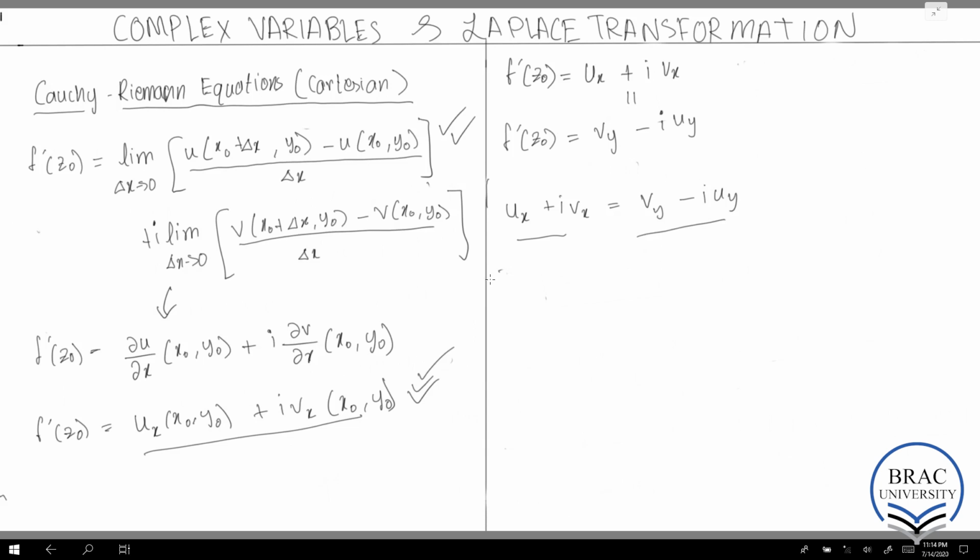The first equation, for the real part, we have ux is equal to vy, since these are the real parts for the respective left hand side and right hand side. And for the imaginary part, which is the other equation, for the left hand side the imaginary part is vx, and the right hand side the imaginary part is minus uy.